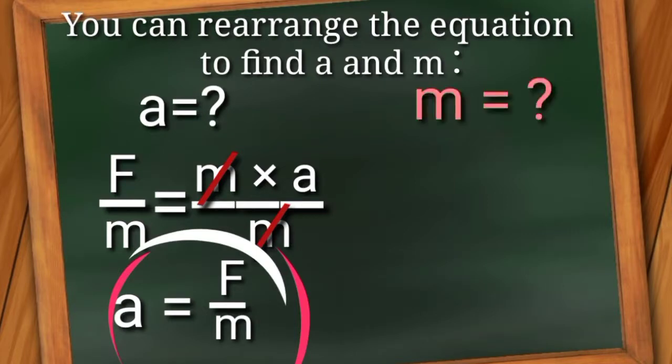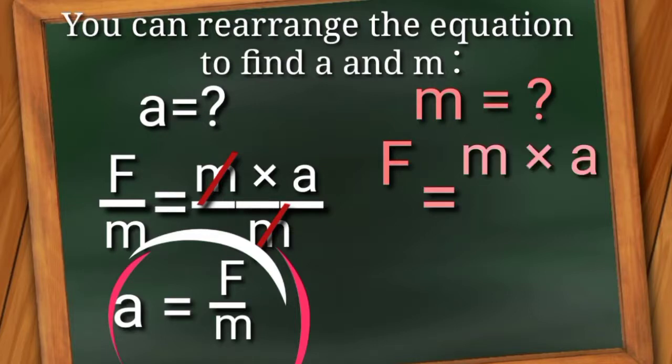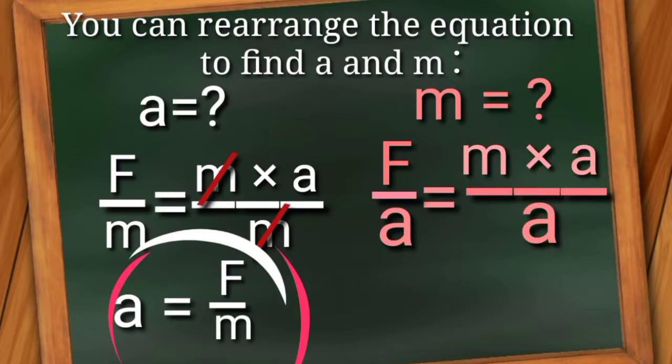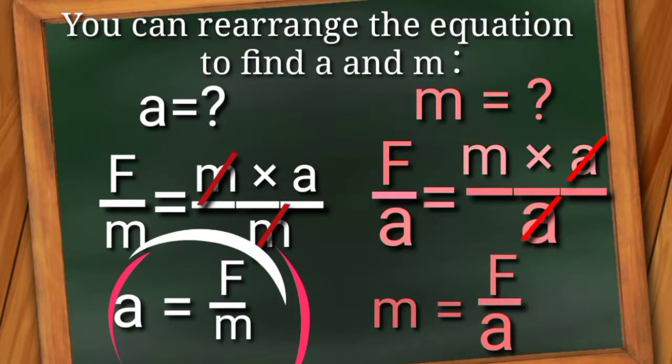In finding m, again write down the equation F equals m times a, divide both sides by a, then cancel out a. The final formula for mass is m equals F divided by a.